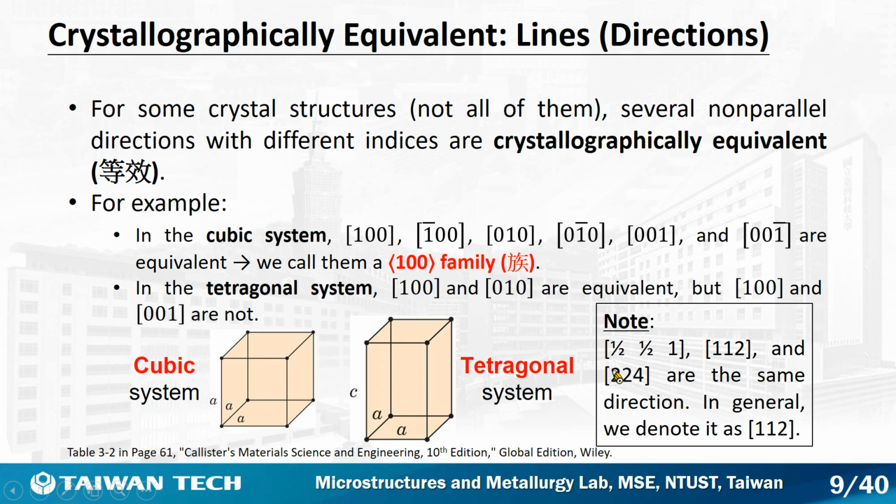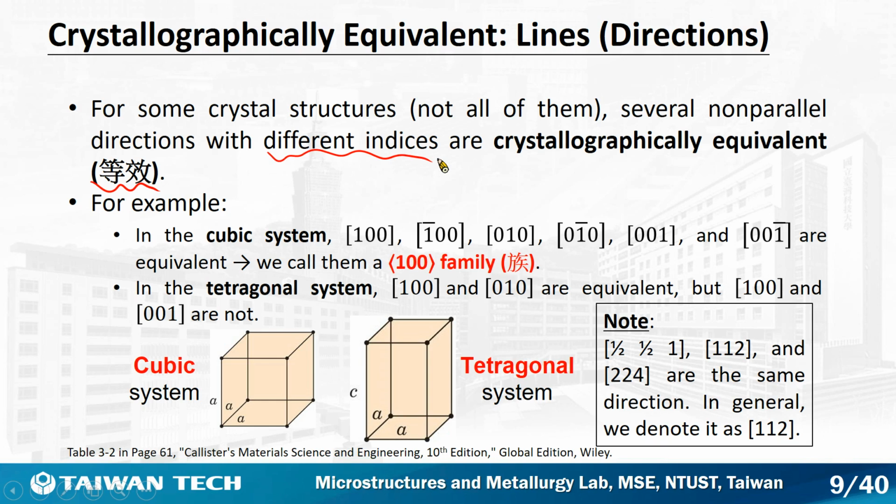Okay, and let's talk about the crystallographical equivalent. Equivalent is in Chinese 等效. Okay, and for some crystal structure, but not all of them, we could have several non-parallel directions. So they have different indices, but actually they are the same in a crystal structure.